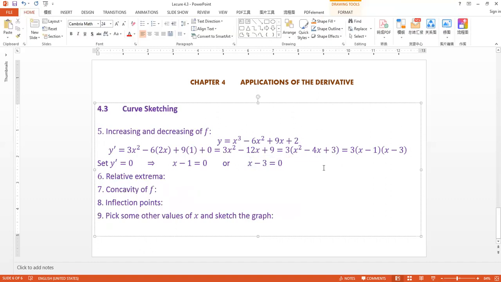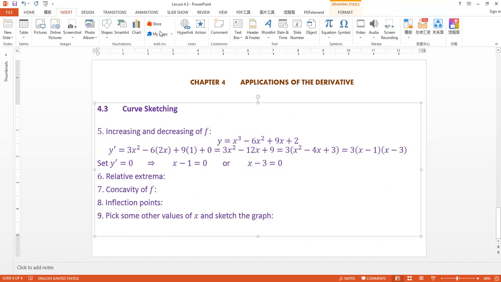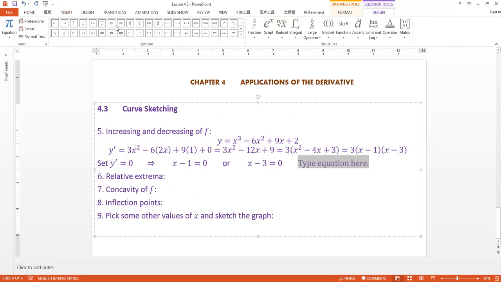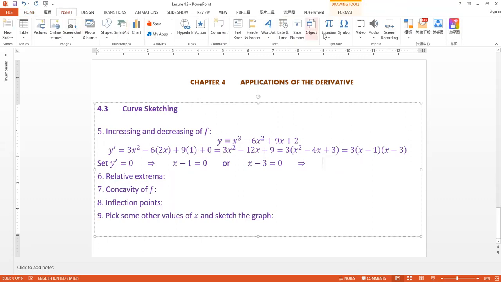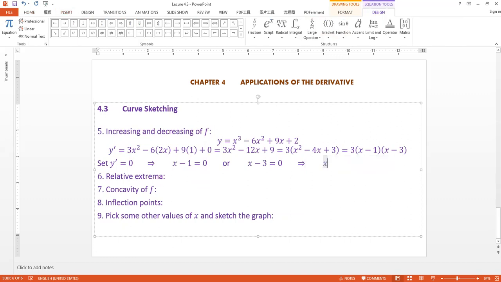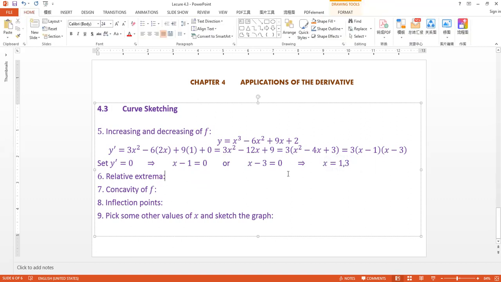If you solve these two equations, the solutions will be x equal to 1 and x equal to 3. Those two solutions together, these are the two critical numbers.